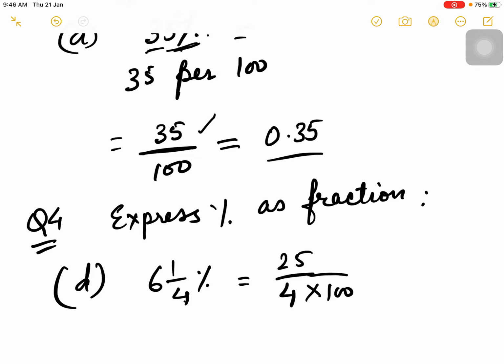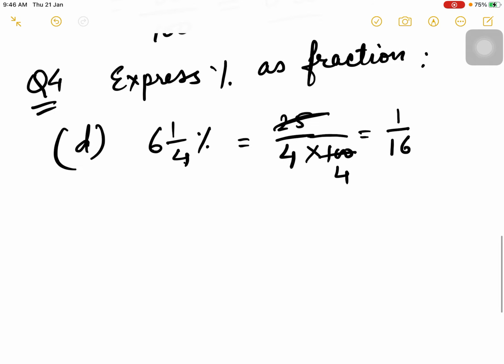Okay, so 25 4s are 100, 4 4s are 16, 1 upon 16. So we have to convert it into fraction. The answer is in fraction. Okay, now you can solve the rest of the parts.